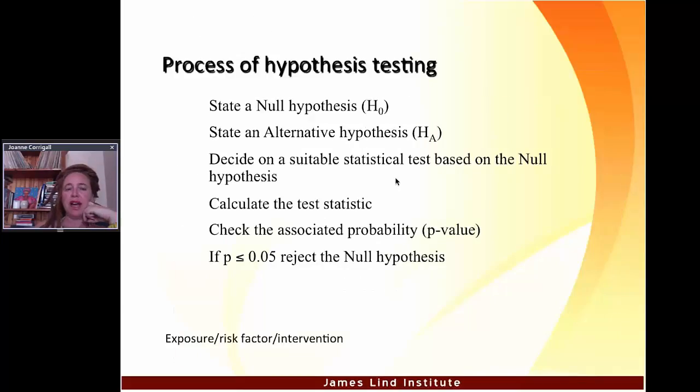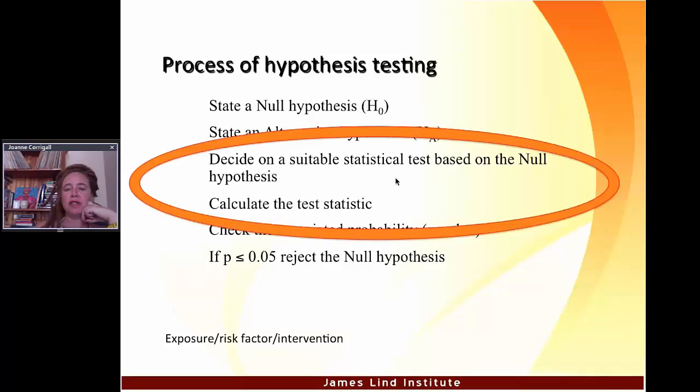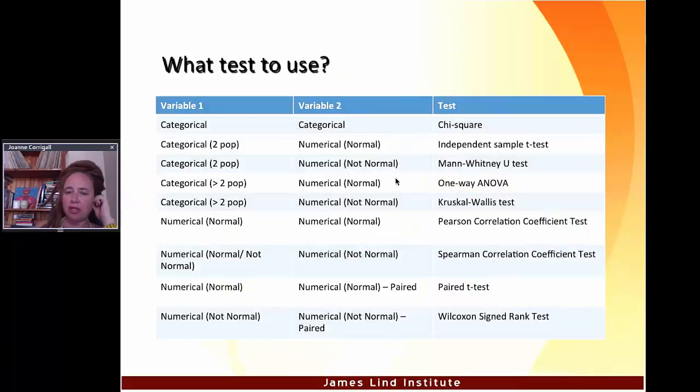Then we need to decide, okay, what kind of statistical test is going to be appropriate to this type of data. So here, we don't have the time to go through every single one of these tests, but basically one of the first things that you need to figure out is what is the nature of your variable. So here we've got categorical.